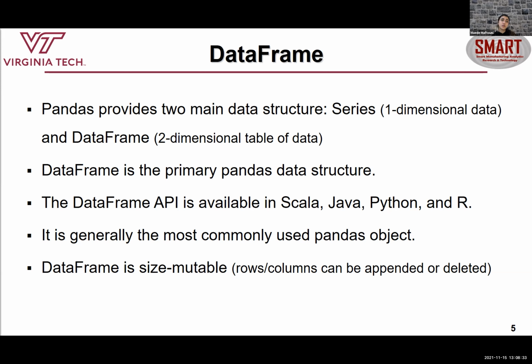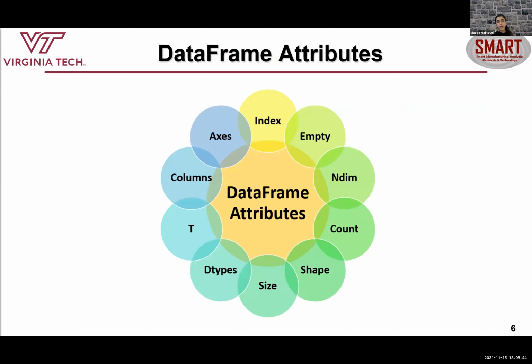Another property of the DataFrame is that it is size mutable, meaning that you can append or delete rows and columns. So like any other class in object-oriented programming, a DataFrame as an object has attributes and methods.